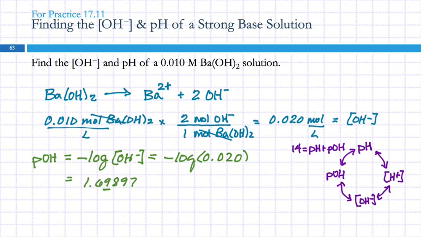Okay, so we've got the POH. Then pH is equal to 14 minus the POH. And that 14 is considered an exact number.